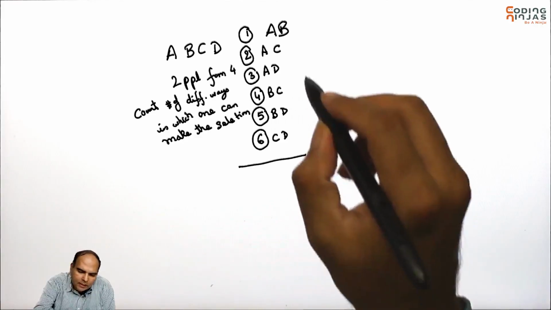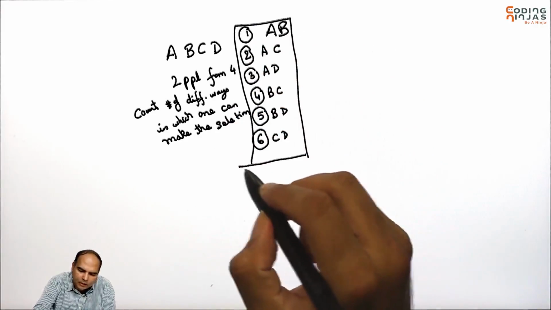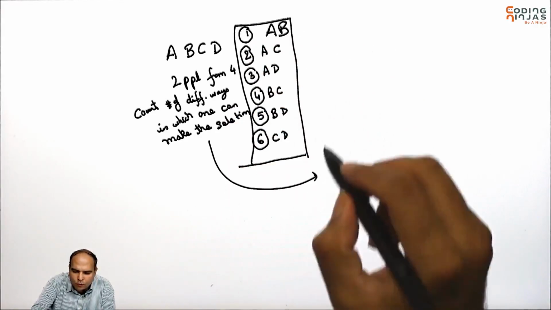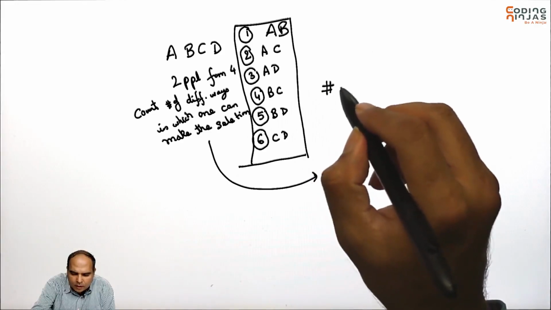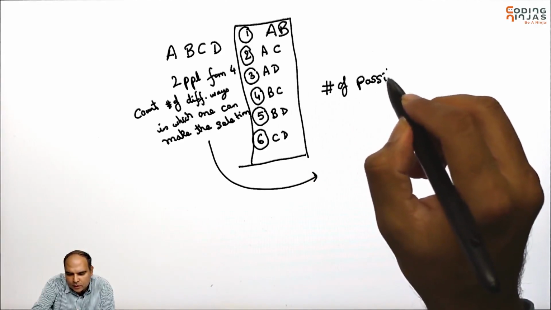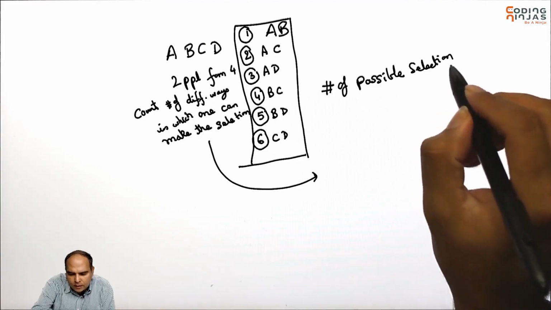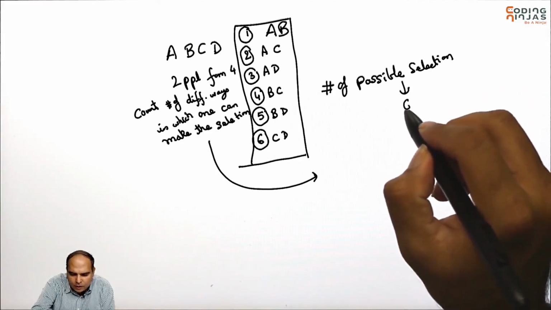So I have a total of 6 selections possible, and the answer to this question, the number of ways in which I can make this selection, turns out to be 6.